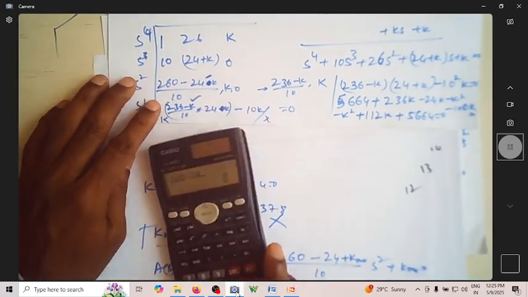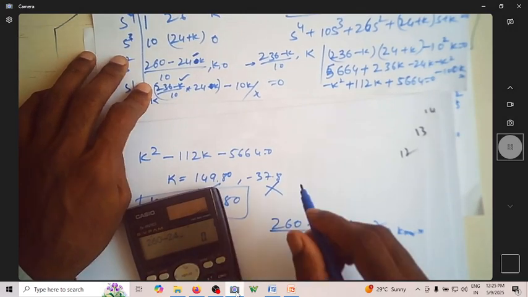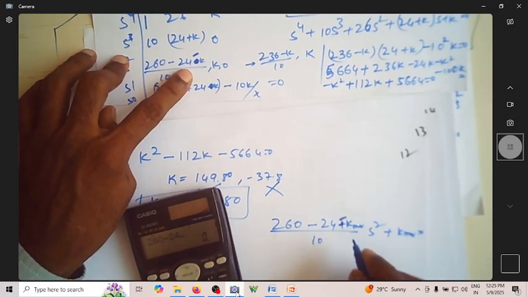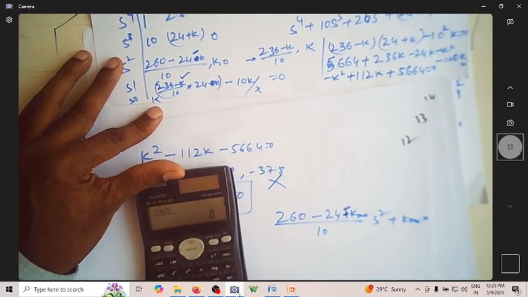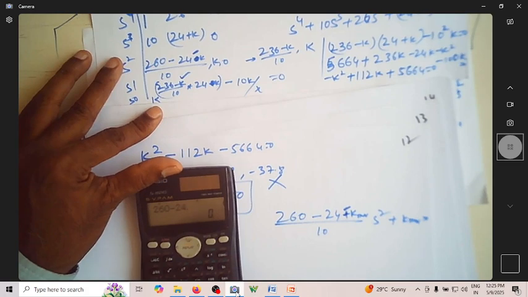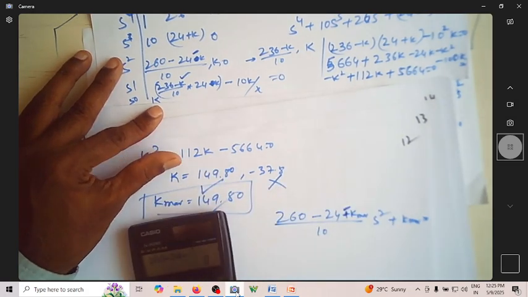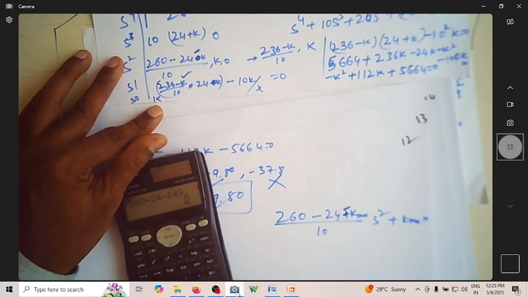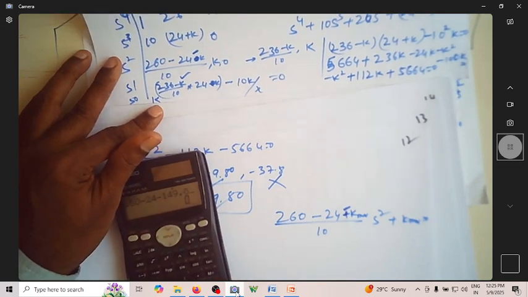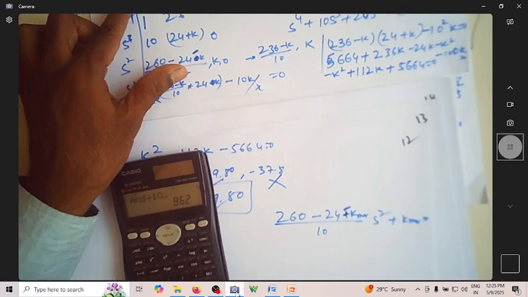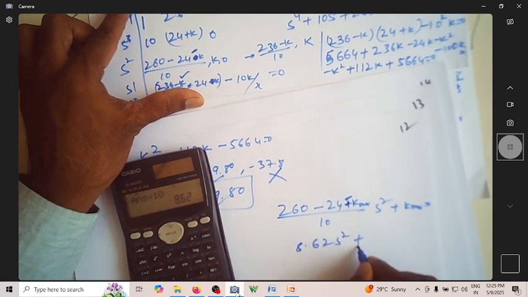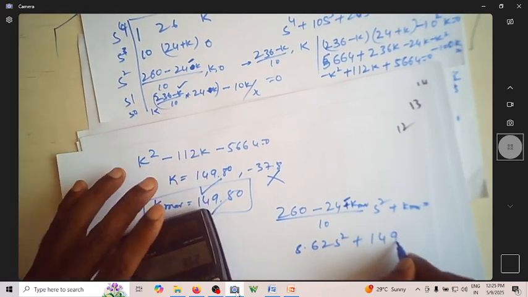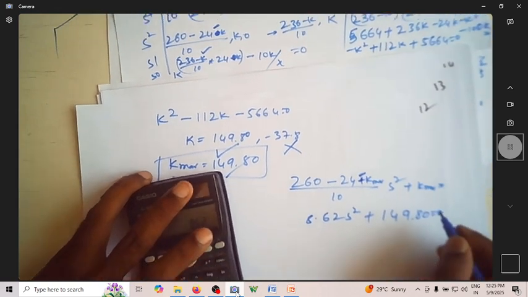So now it should be 260 minus 24 minus 149.8, divided by 10. So it is 8.62 s square plus 149.80 equal to 0.